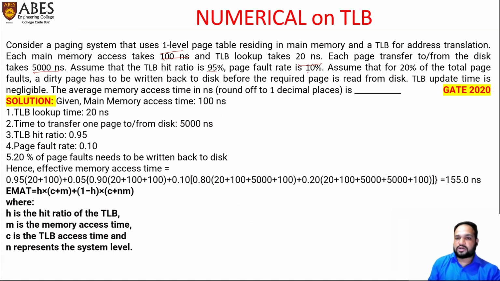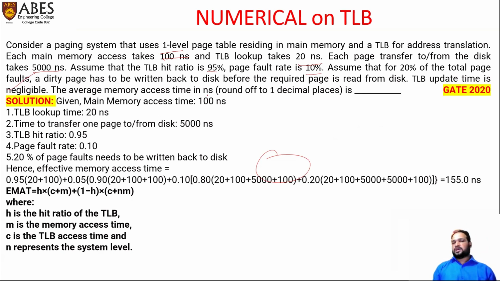And the page fault rate is 10%. Assume that for 20% of the total page faults, a dirty page has to be written back to disk before the required page is read from the disk. TLB update time is negligible, meaning fetching the information from the TLB is considered negligible.